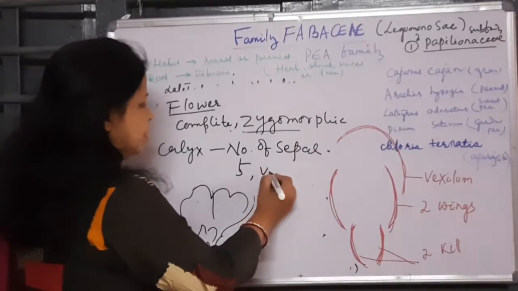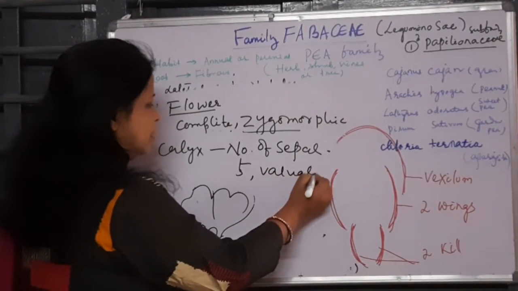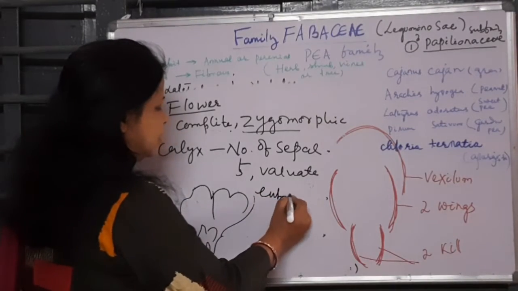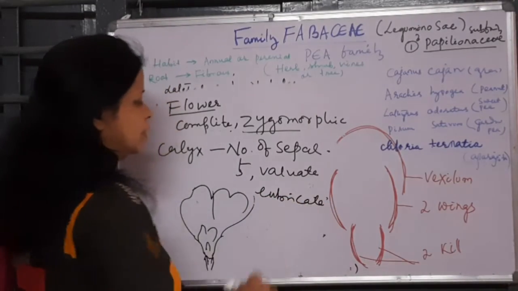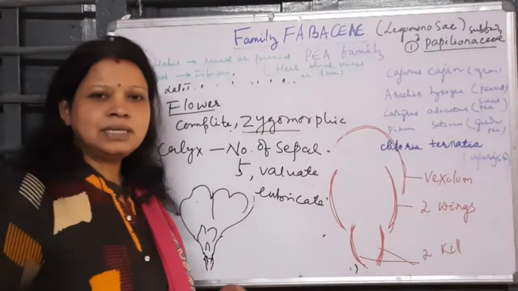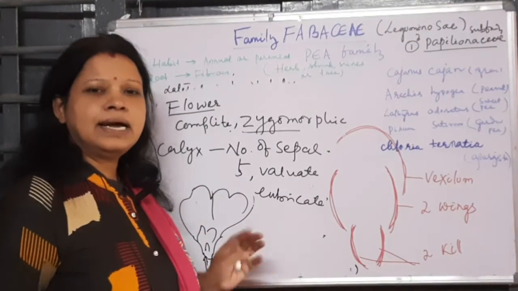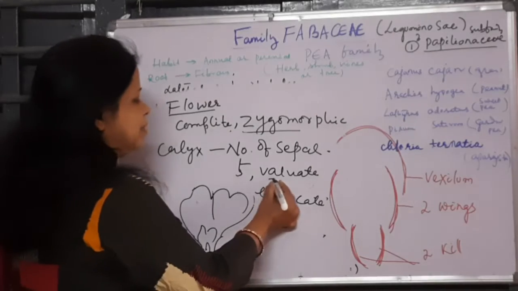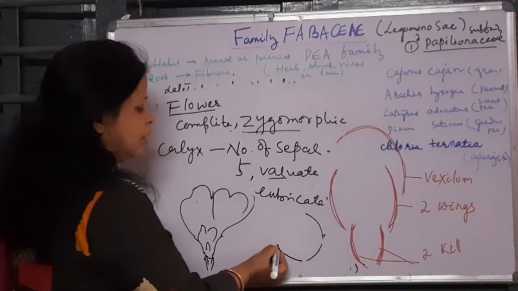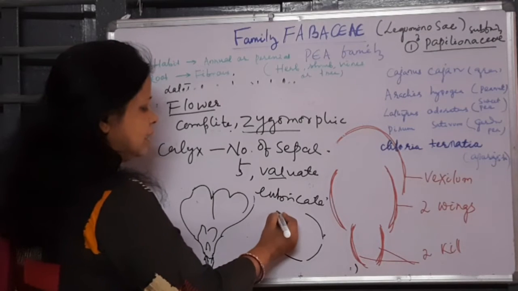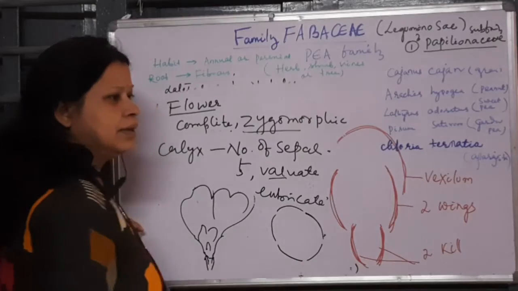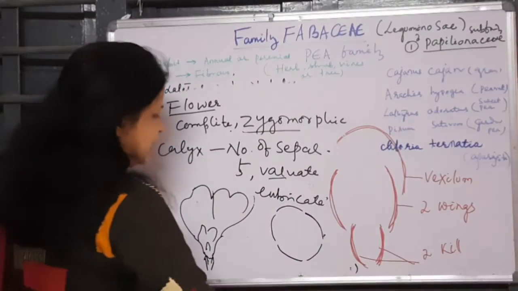Some having valvate aestivation and some are imbricate aestivation. What is valvate aestivation? Aestivation means arrangement of sepals and petals. So valvate means all the sepals or petals are arranged symmetrically in a single ring. This is valvate aestivation.